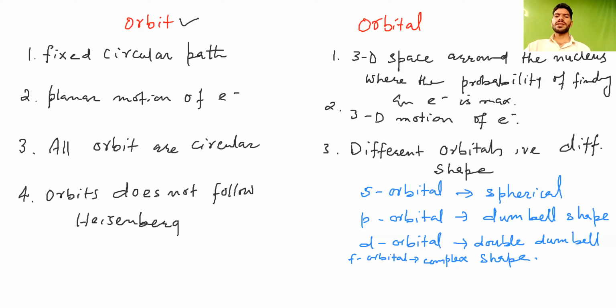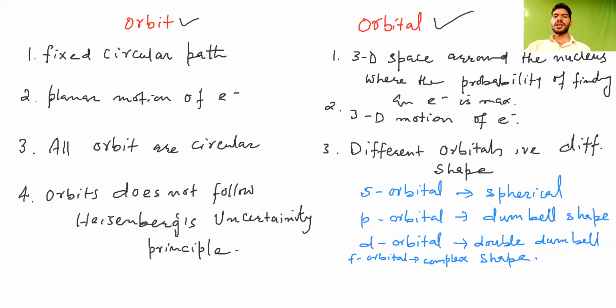It states that it is impossible to measure the position and the momentum of an electron with absolute accuracy. So orbits do not follow Heisenberg's uncertainty principle, but these orbitals, they follow the Heisenberg's uncertainty principle.